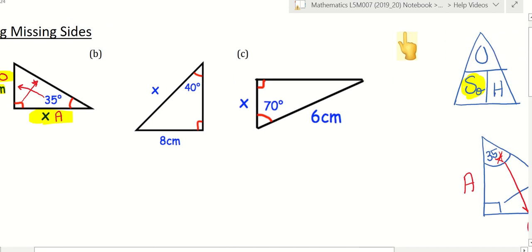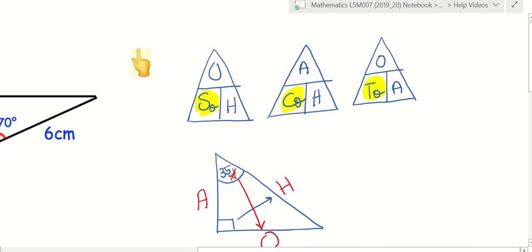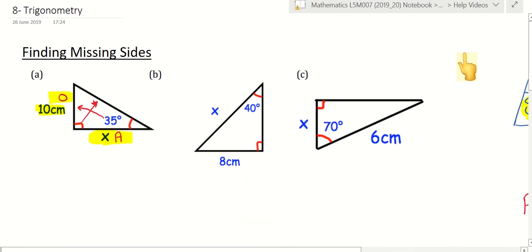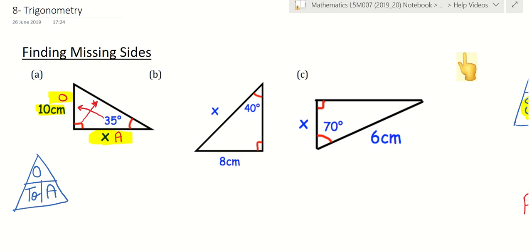So I need to go back and find where O and A are. Well, O and A is here. It's TOA. So let's put my triangle there. And then I'm going to get that little hand that I've got here.